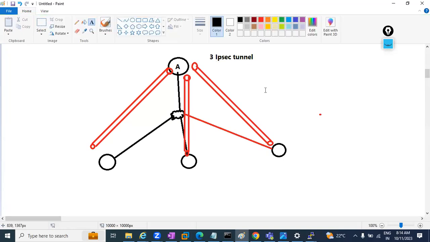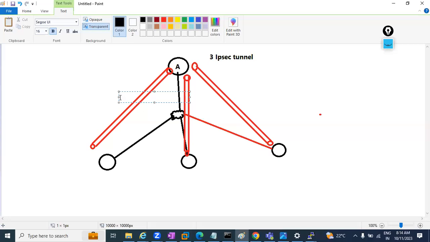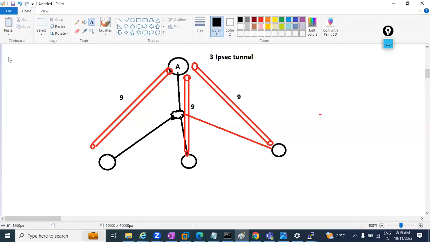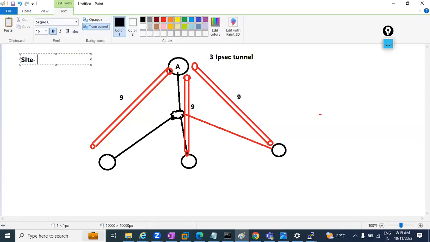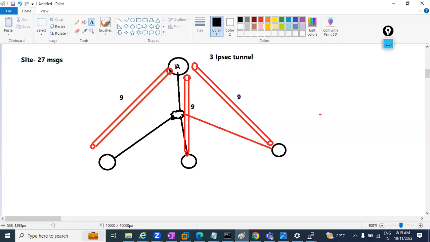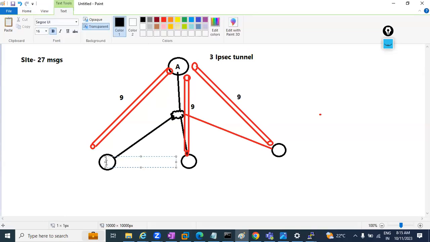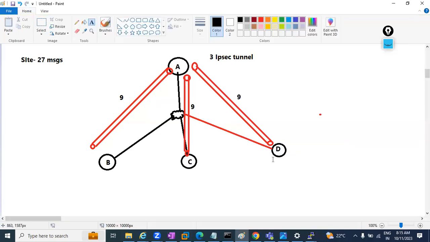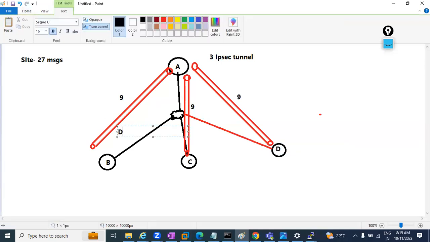As you know, in IPsec, overall it would exchange a total of how many messages? This side would exchange 9 messages with this one, 9 with this one, and 9 with this one. So in total, site A is going to exchange 27 messages. When site A negotiates with site B, with site C, and with site D, every time we would have a different Diffie-Hellman.